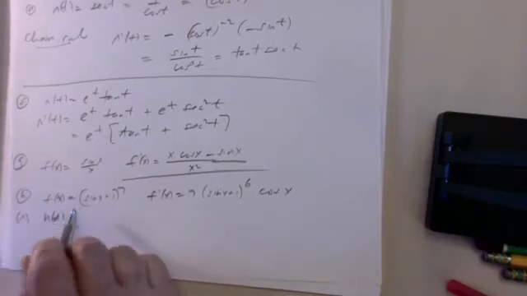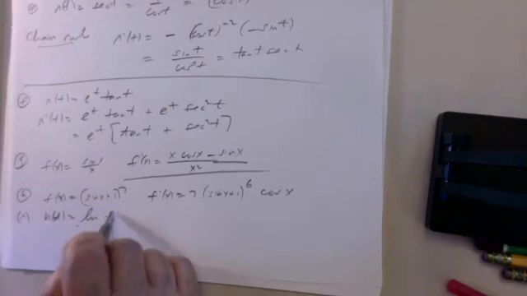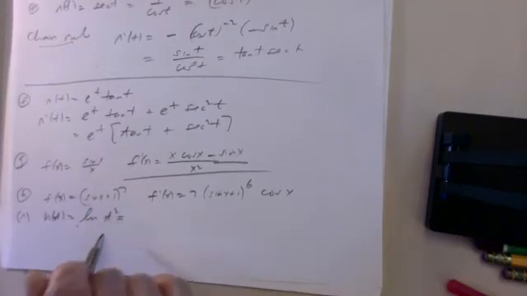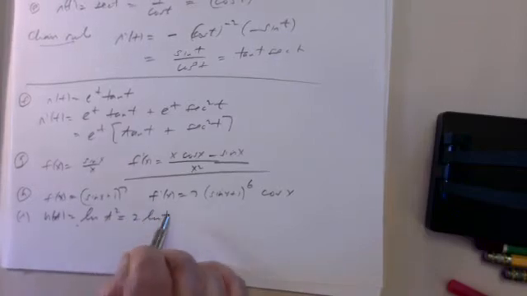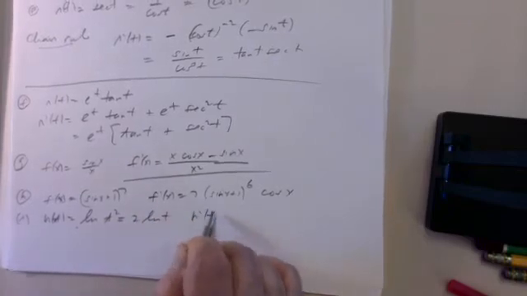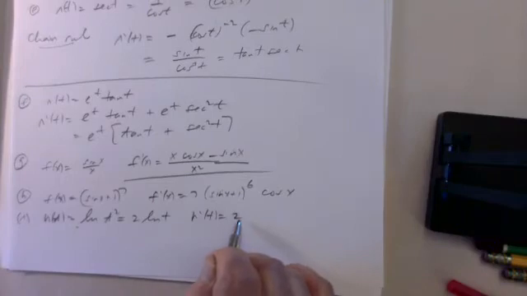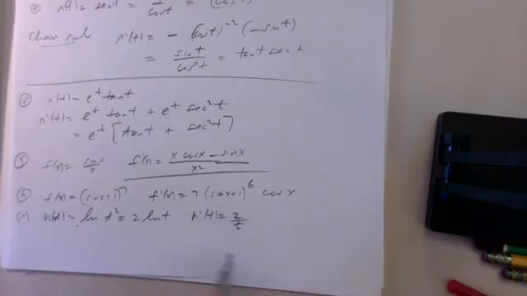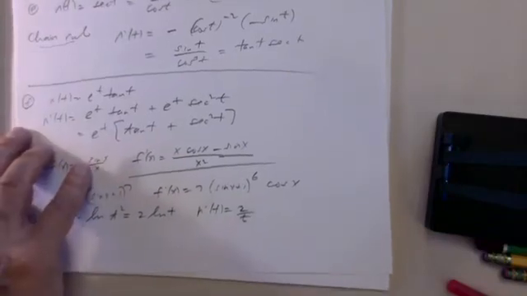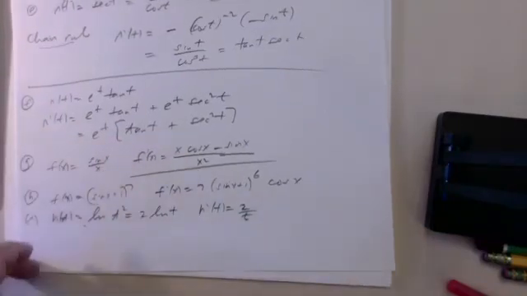H of t is the log of t squared. The easiest thing to do is to write log of t squared as 2 log t. So h prime of t is 2 times the derivative of the log, which is 1 over t. So the answer is 2 over t. Right?